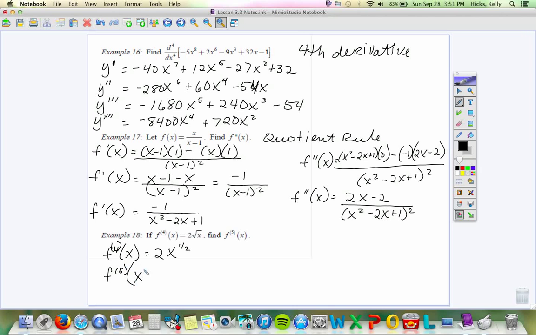Don't take shortcuts. Okay, so all we have to do now is take a single derivative of this. If we had the fourth derivative and we do it once, then we now have the fifth derivative. So we're going to have 2 times, bring the exponent out front, x to the 1/2 minus 1. So that simplifies as simply x to the negative 1/2 power. And that is our answer.